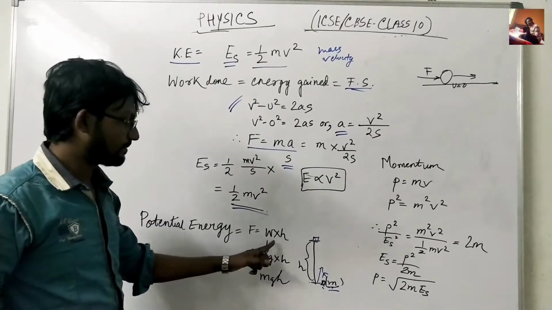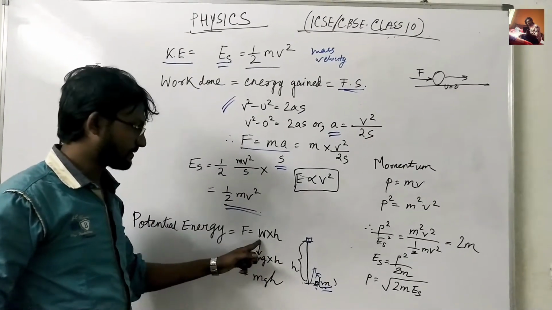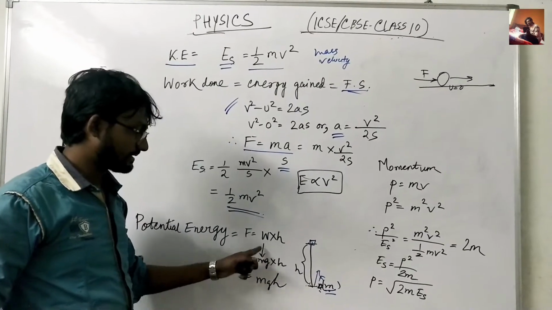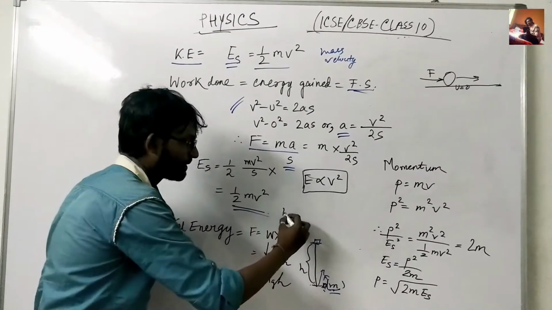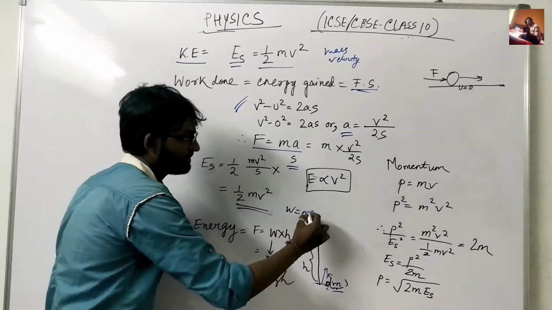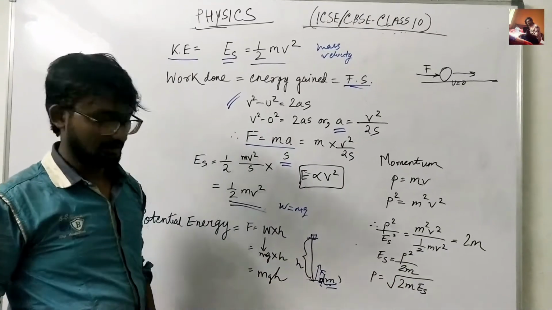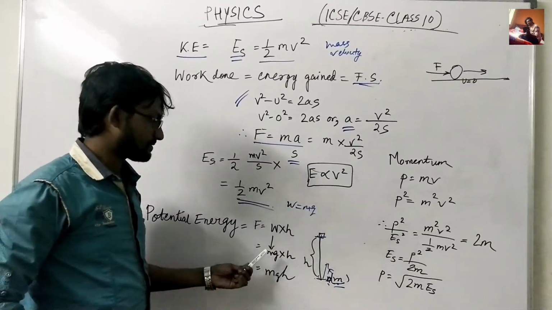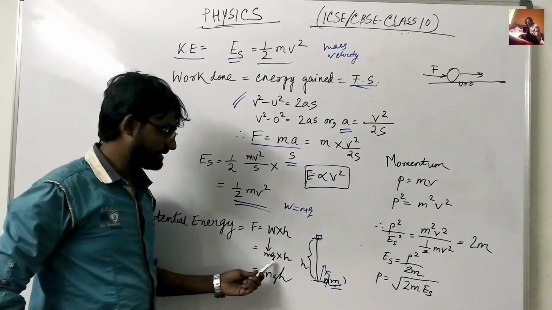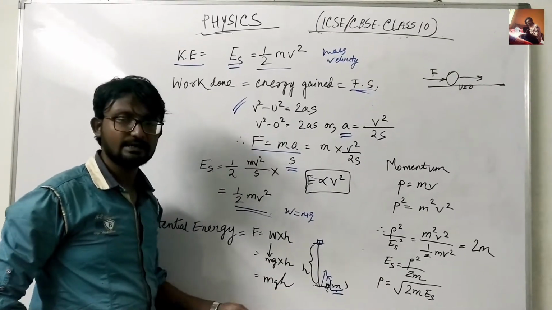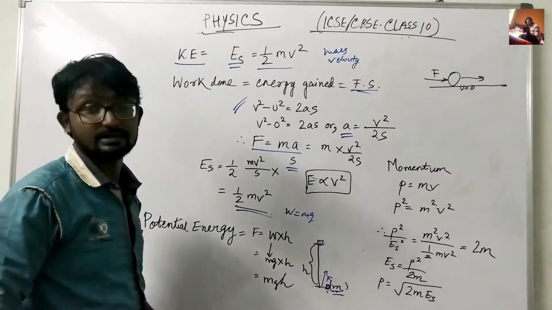So the work done is W into h, where W is the weight. As you know, weight W equals mg, mass into acceleration due to gravity. So the energy is mg into h. So mgh is the expression for potential energy.